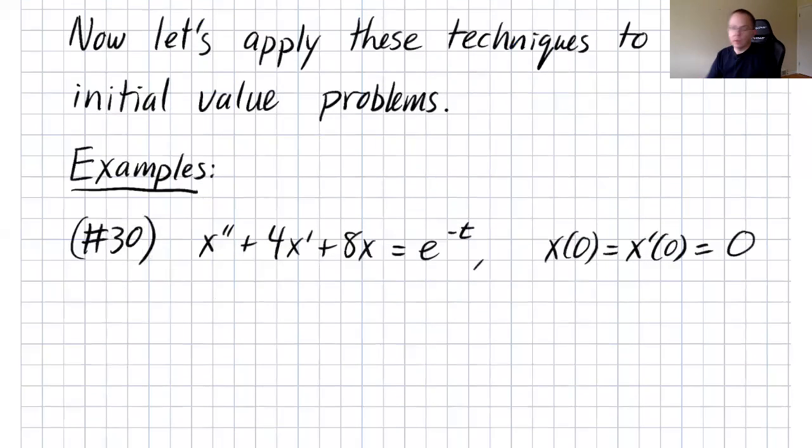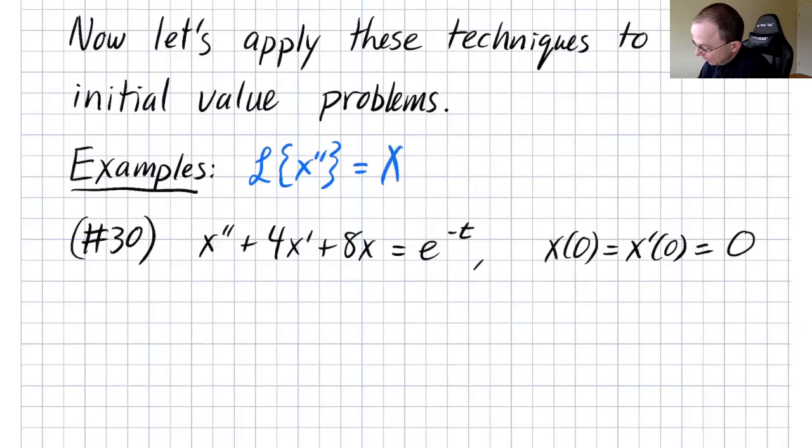Okay, so the goal with these Laplace transforms is to solve initial value problems. So that's what we're sort of preparing ourselves for. So now we're going to look at solving this initial value problem. And the rules that we need are the following. So we need to know that the Laplace transform of x double prime is going to be s squared X of s minus s x of 0 minus x prime of 0.